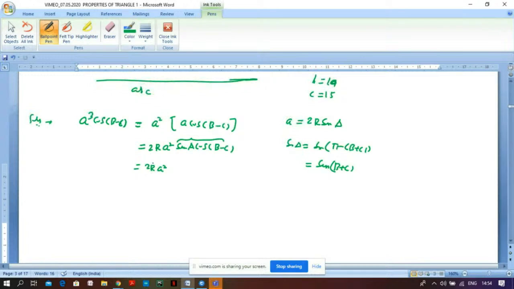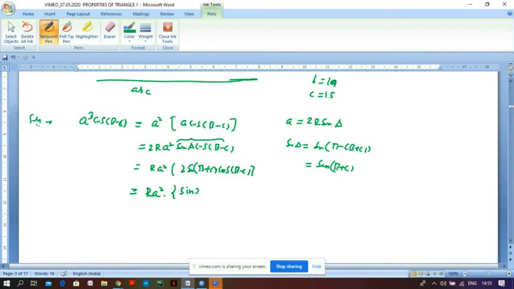So 2R squared, so I will absorb this 2 here, so I don't write a 2 here now, and so R squared, and this is twice of sine b plus c and cos of b minus c. Now this gives me R a squared and 2 sine b plus c cos b minus c, so that you get 2 sine a cos b is sine of a plus b plus sine of a minus b.